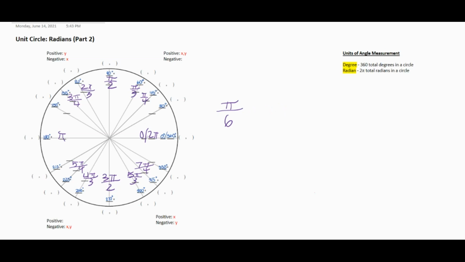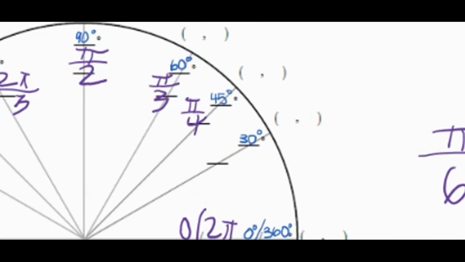Next, going back to the pi over 6, we can see pi over 6 is equal to the 30 degrees, due to the 30 degrees increasing upon itself in order to get to 60, 90, 120, 150, and so on degrees. With that being said, we know that pi over 6 times 2 over 1, or 2, is equal to 2 pi over 6, which is therefore equal to pi over 3, which gives us the 60 degrees right here.